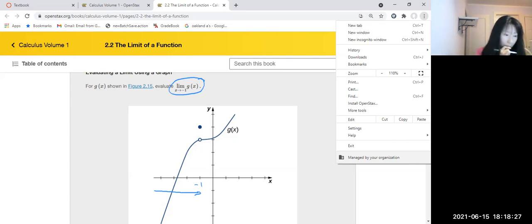I'm not sure what that dot means, if it's telling us that it's 3 or 4. Okay, this is a 3, this is a 4. So is it 4 or is it 3? Because there's a gap at 3, but there's a dot at 4. Okay, so I am standing here, going this way.